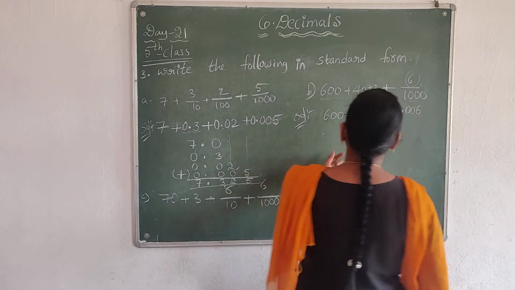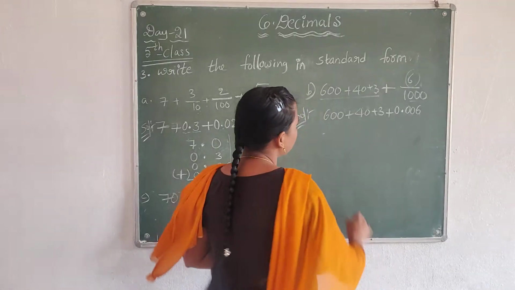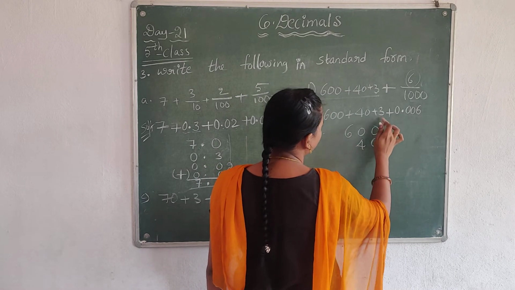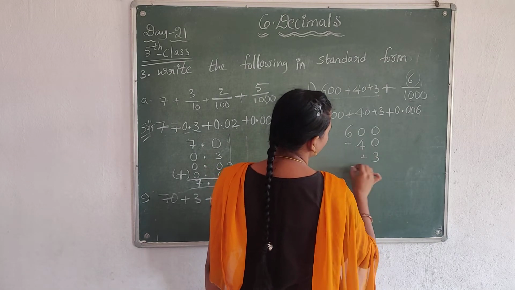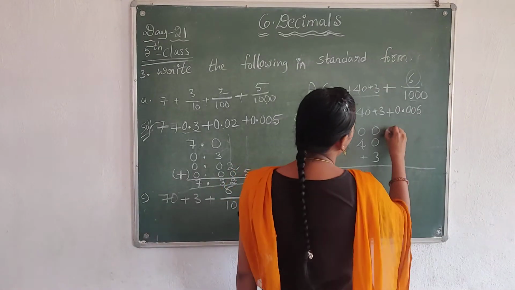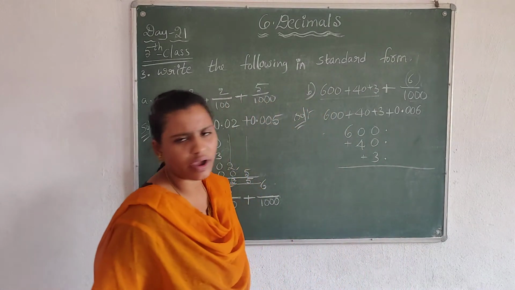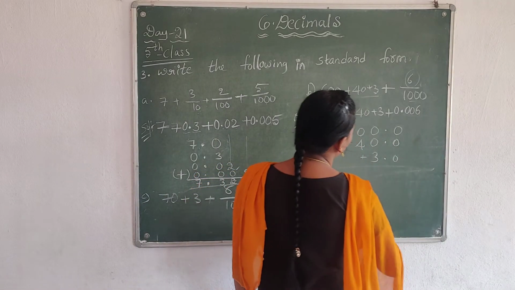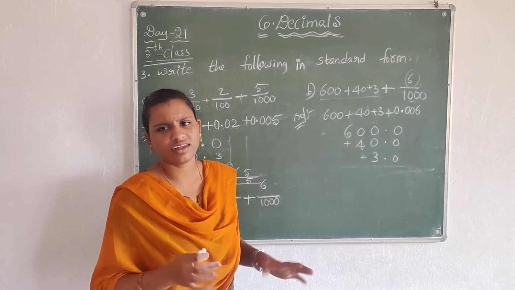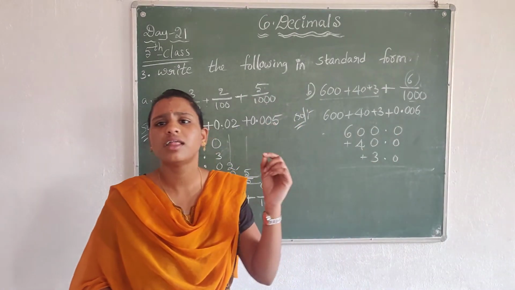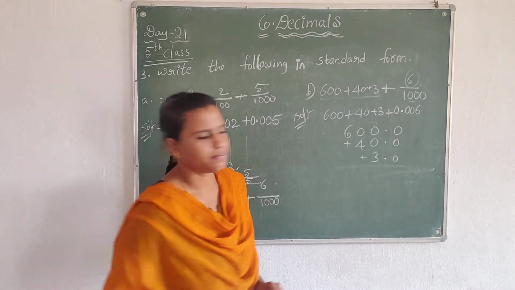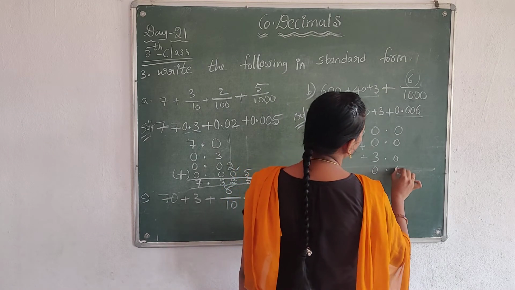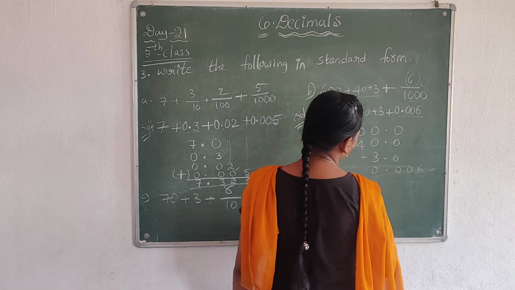Let's do it. Add the numbers. Okay. Let's see. 643. In every place you should keep a point and put 1 0. Because we don't have a point value, that's why I kept here a point and I put there 1 0. After that, write down the decimal value 0.006.